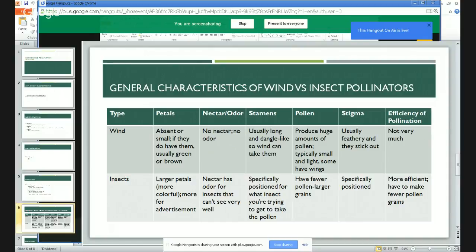However, with insects, oftentimes they need to have those bright colors on their petals, so that way they can get a pollinator to come over and pollinate.